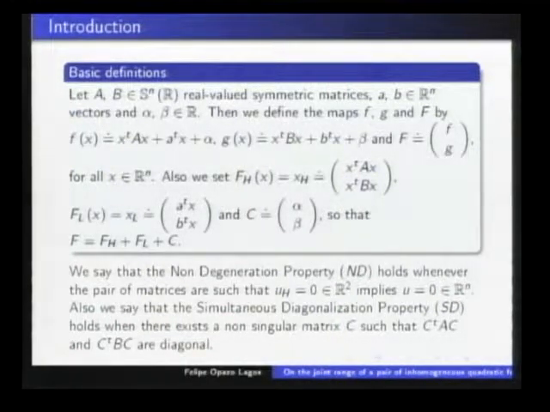And the simultaneous diagonalization property, which is very used in the literature because it offers a nice way to linearize, in some sense, this problem. Namely, that the two matrices can be diagonalized at the same time.